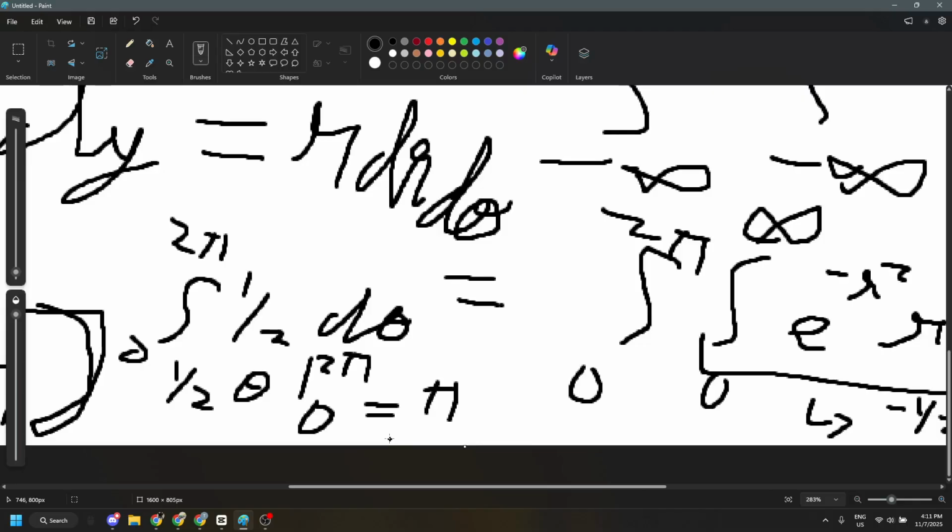This is called the Gaussian integral. It's not solvable by elementary functions. And then they did do that, and, oh, that's cool. They said x is equal to r cosine theta, y is equal to r sine theta, and then that just gives you dx dy is equal to r dr d theta, which is, yeah, what I did.